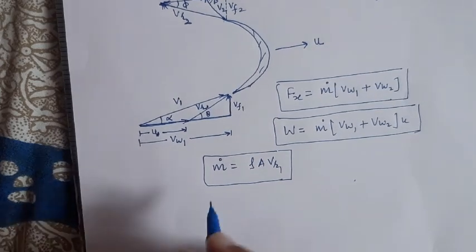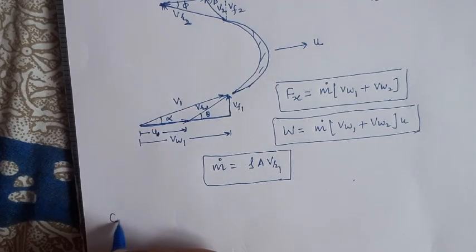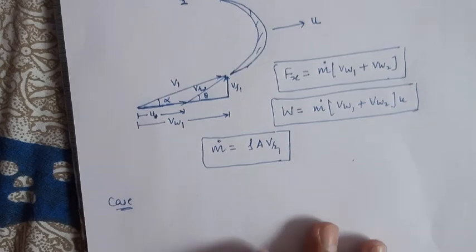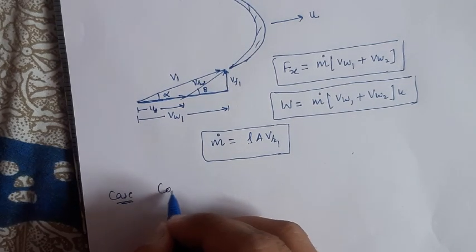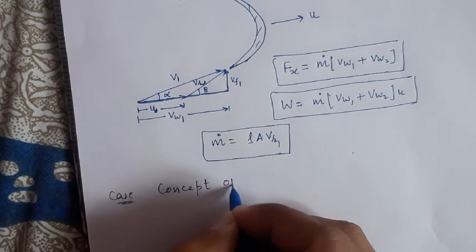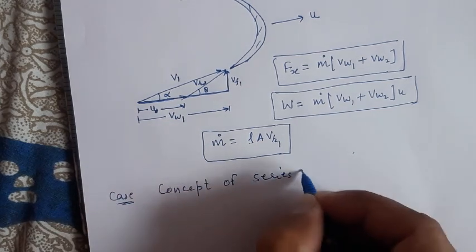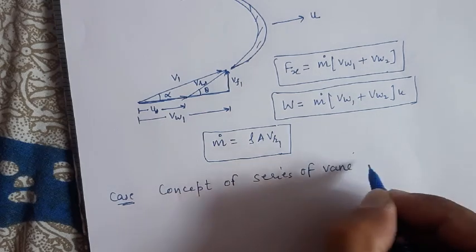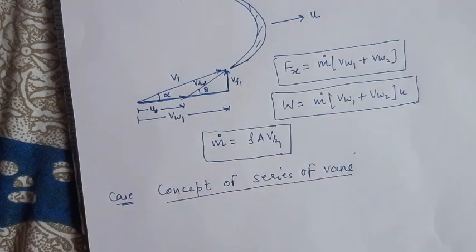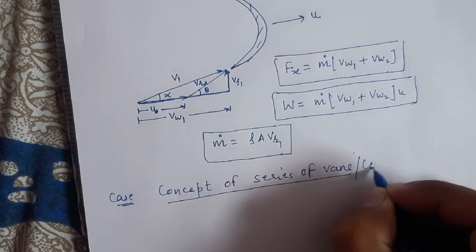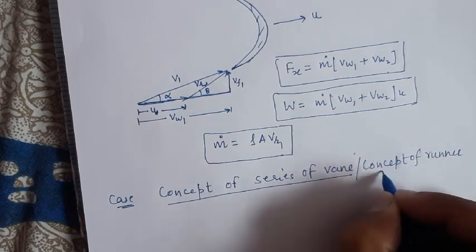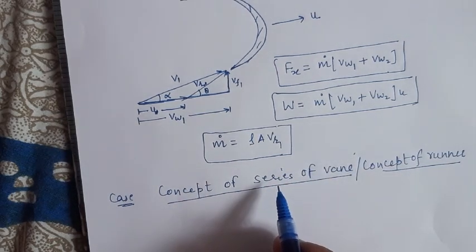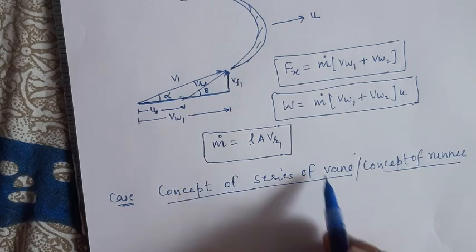Now we will observe an important concept, that might be the next case, that is when the jet strikes a series of vanes. Now, the concept of a series of vanes, not a single vane, which is also known as the concept of a runner. It means now there is not a single vane, rather a number of vanes are mounted on a wheel.